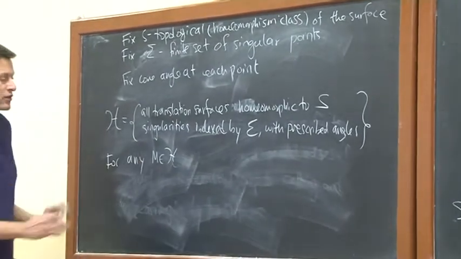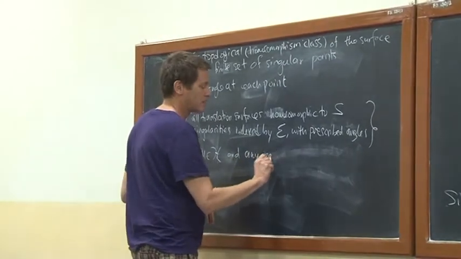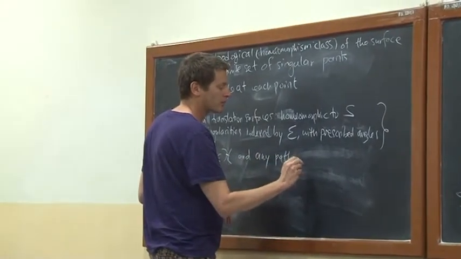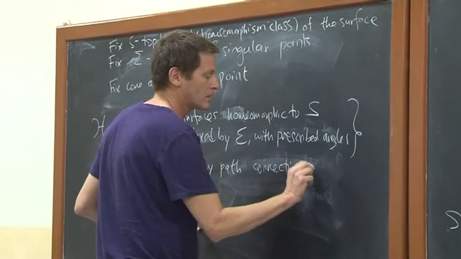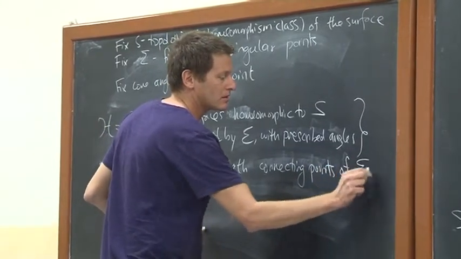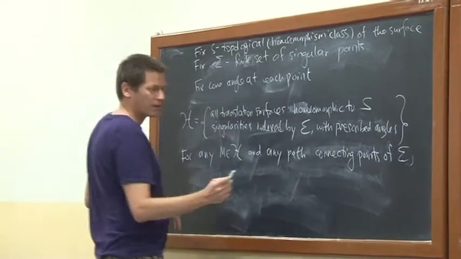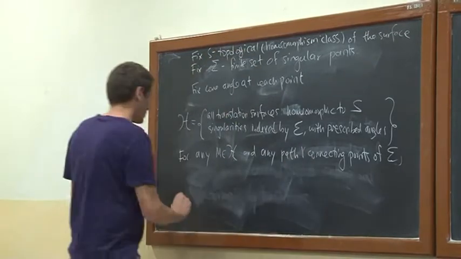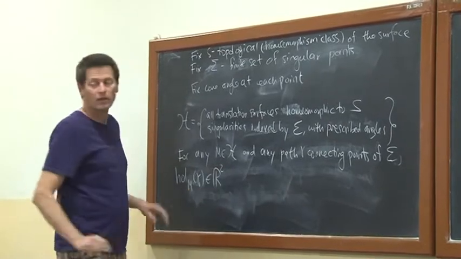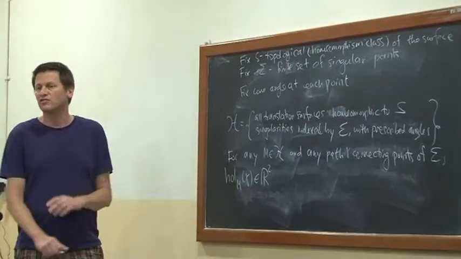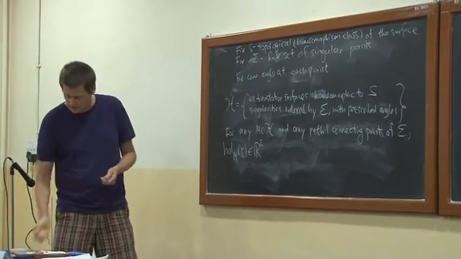For any translation surface M and any path gamma connecting points of sigma, the holonomy according to M of gamma is a vector in the plane, which gives us the x and y coordinates of this path with respect to the planar structure. The paths are oriented, I should say.